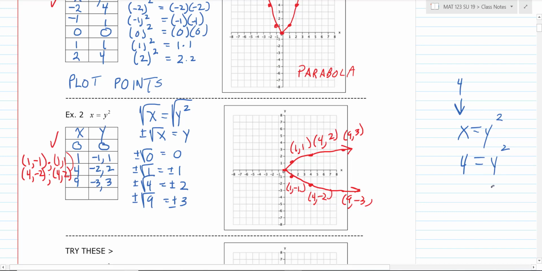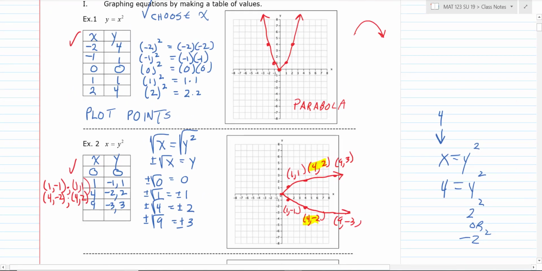There's 2 answers. Okay, it's either 2 to the second or it's -2 to the second. That's why we get these 2 points. That's why we get (4, 2) and (4, -2). So that's kind of the wise way to do that problem, is to take the square root of both sides. Okay, and this is giving you a picture of all the solutions of that equation.